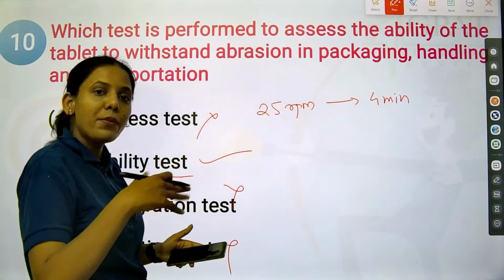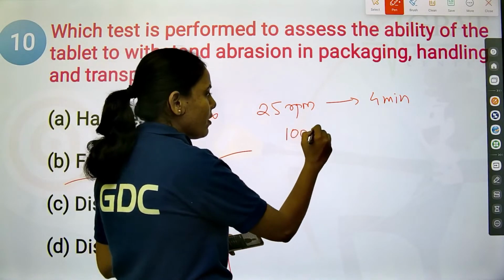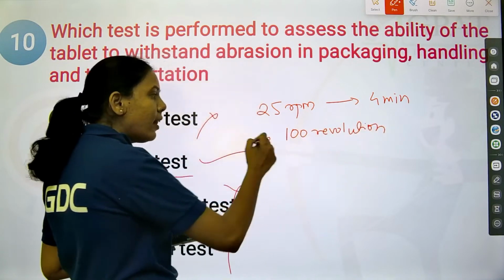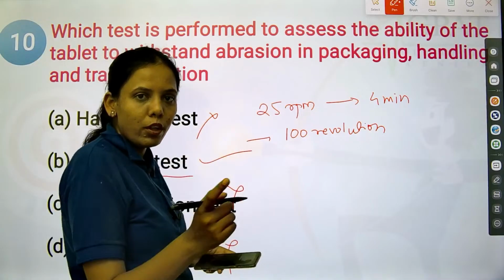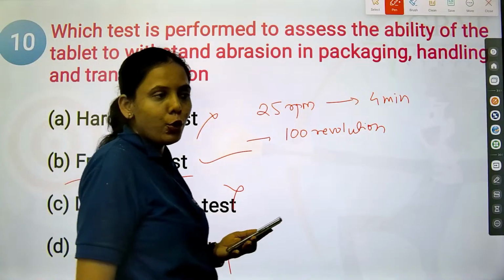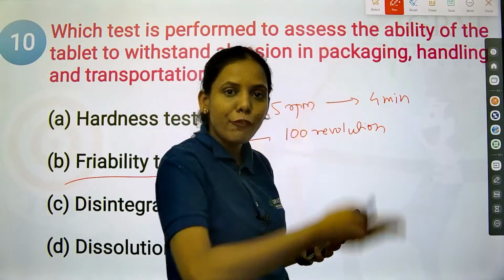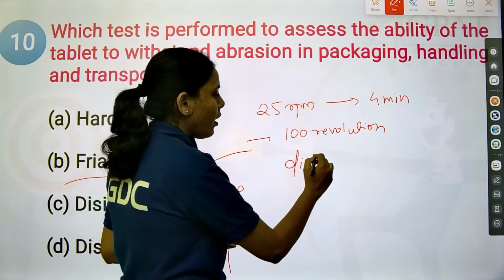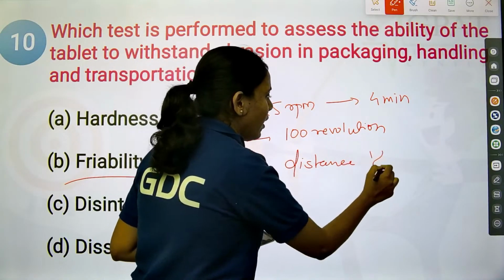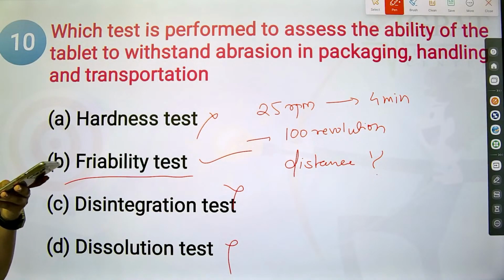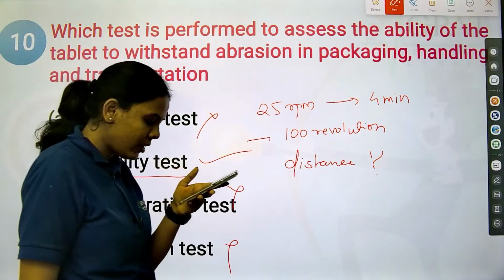Or options can be 100 revolutions. Sometimes students say that it is 100 RPM. No, either 100 revolutions, that means total, or 25 RPM for 4 minutes. And the tablet, you know friability apparatus, the tablet which is falling from a certain distance, what is that distance? How much distance is that? When the tablet falls from the friability apparatus, not more than 1%, very good Prasanna. 100 rotations, okay.